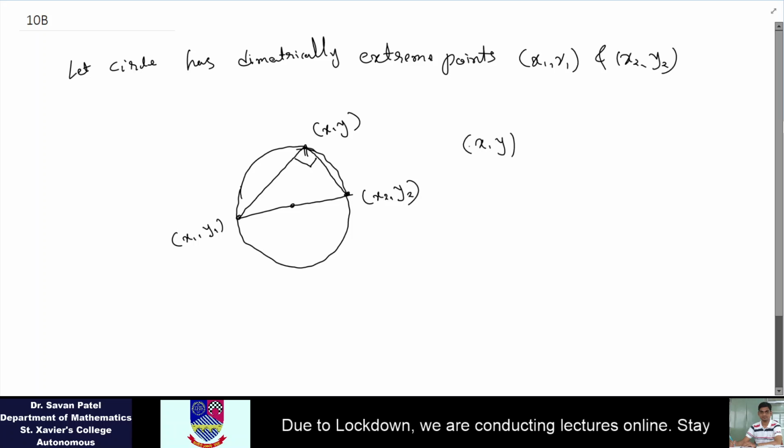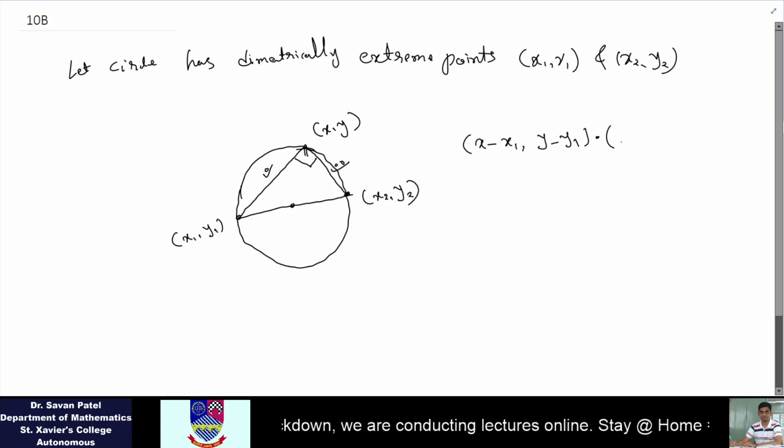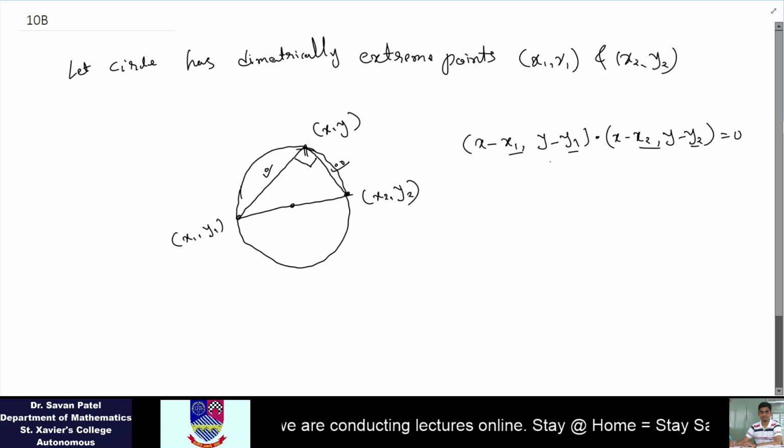So this vector is x minus x1, y minus y1, and taking its dot product with the other vector, x minus x2, y minus y2, is equal to 0. If you know x1, y1, x2, y2, then from this equation you can find all possible x and y satisfying it, and that will represent a circle.